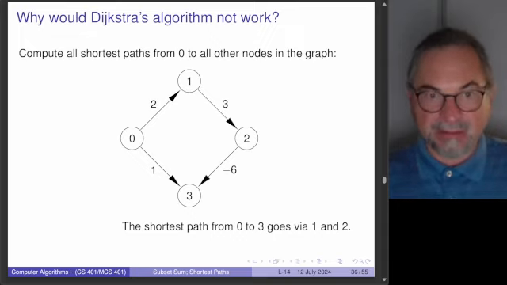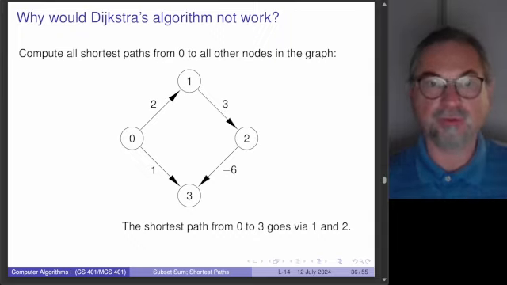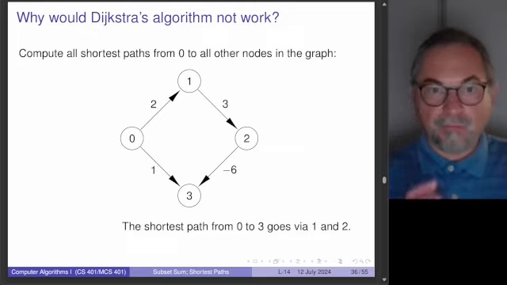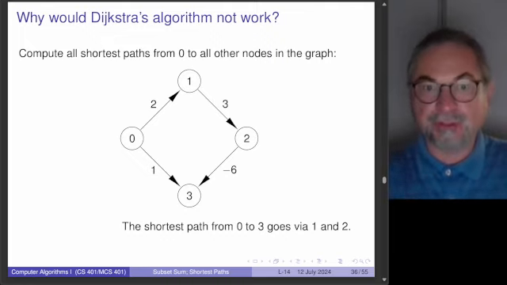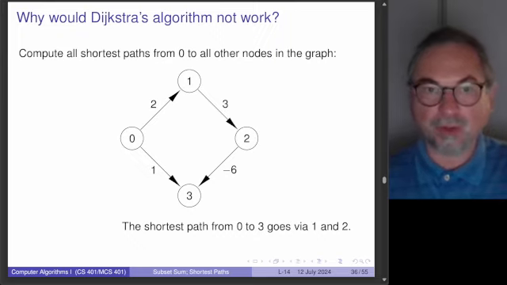And then the next obvious choice is 1, which has a cost 2. When we look at 0, 1, and 3, then the only choice is to add the edge from 1 to 2. So Dijkstra would select all edges with positive weight.